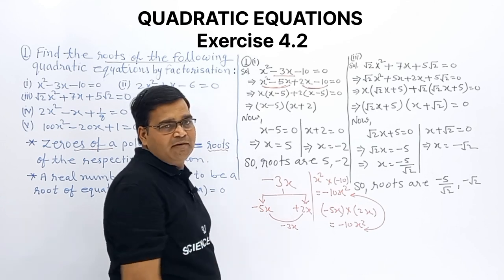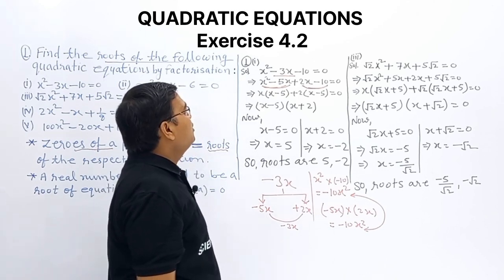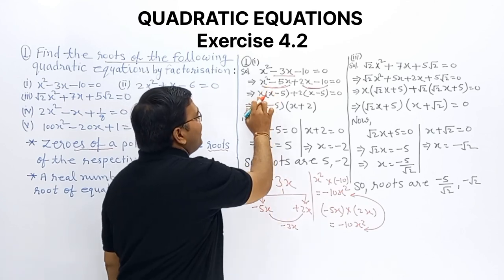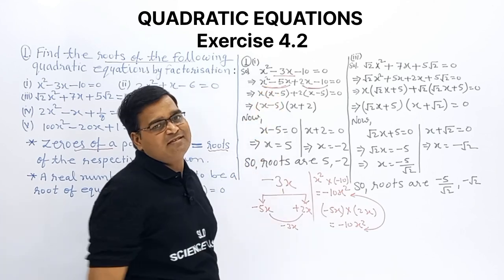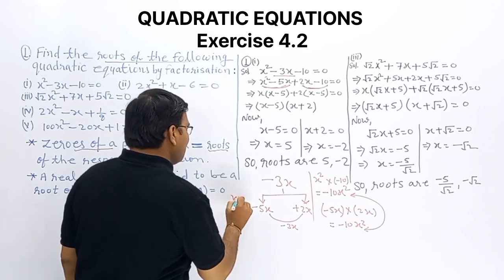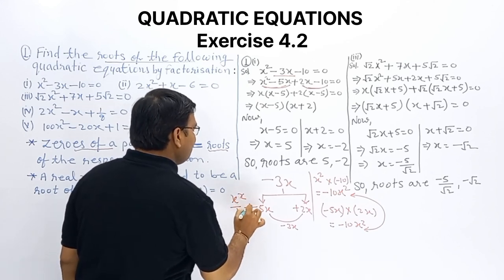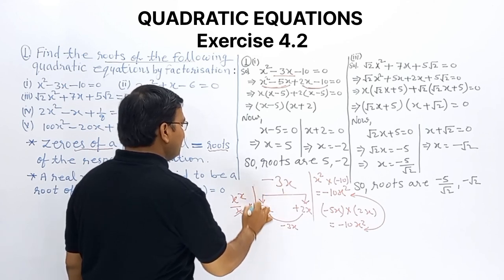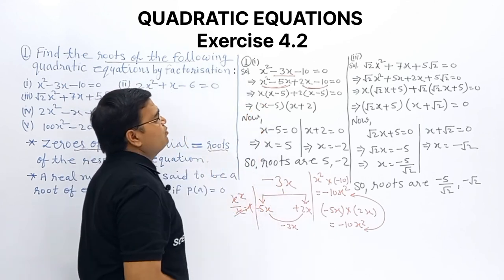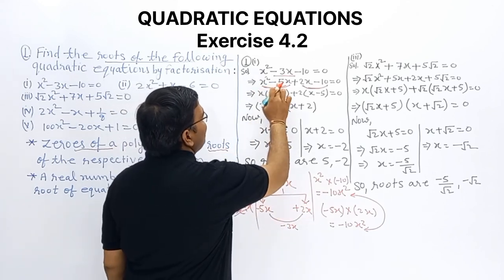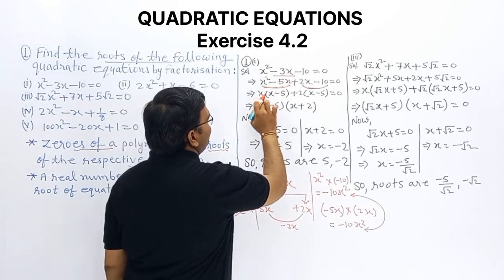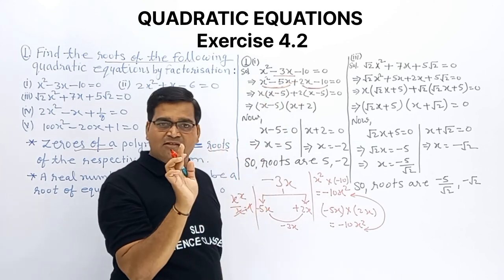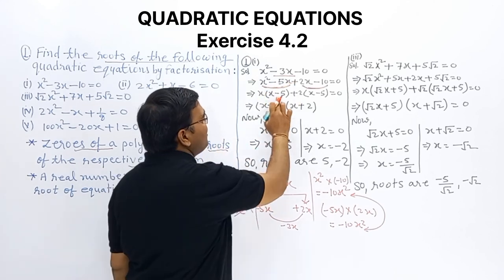We divide x square by this common part; how many times does it go? x times. x square upon x, the remaining is x. Now minus 5x divided by x, x is cancelled, only minus 5 is remaining.